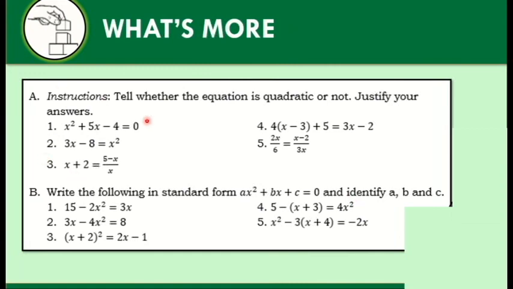The first part is you are going to tell whether the equation is quadratic or not, and you are going to justify your answer, similar to what we did in the first set of examples. For the second set, write the following in standard form and identify values for A, B, and C, like what we did for the second set of examples. So we have 5 items for letter B, and same, 5 items for letter A.